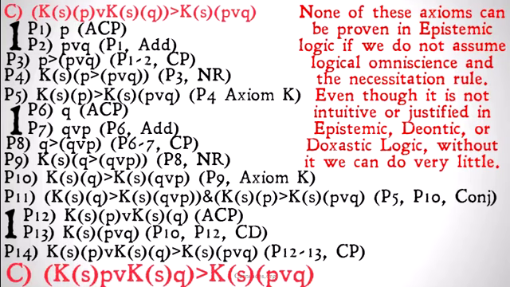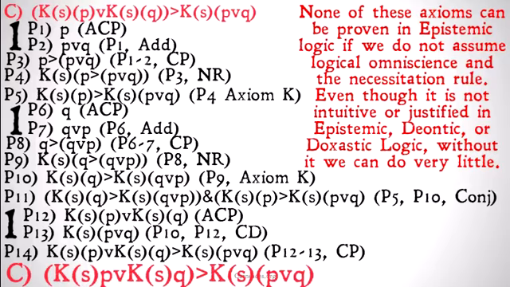None of these axioms can be proven in epistemic logic if we do not assume logical omniscience and therefore the necessitation rule. Even though it is not intuitive or justified in epistemic, deontic, or surely doxastic logic, without it, we can do very, very little. And that's one of the things that I want to emphasize and underline as a takeaway from these problems here.